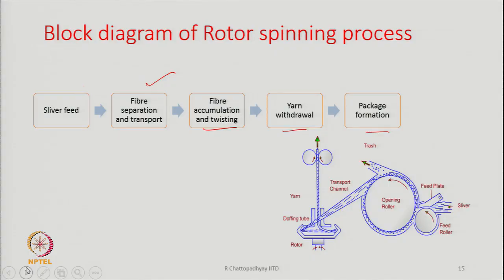Here a diagram is shown, you can say a cross sectional view of open end spinning, rotor spinning especially. We will discuss about them in more detail gradually. That sliver is here, we are feeding, then the feed roller is here, feed plate, this fiber is drafted, it is going like this, this is the passage of the fibers.